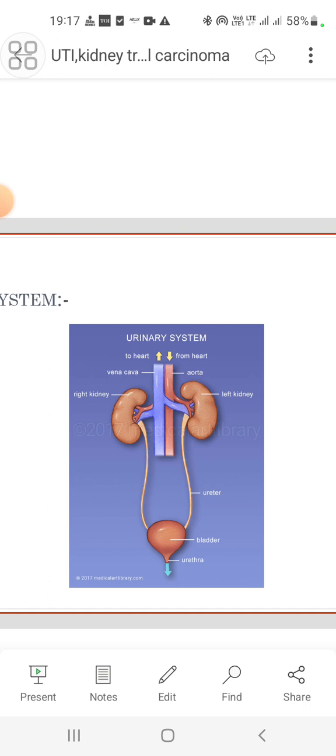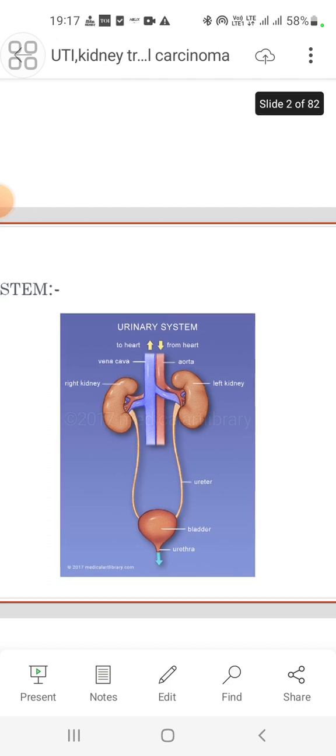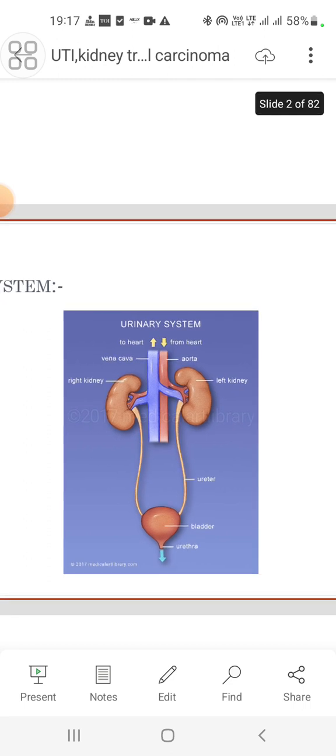So it is very important to have the renal system in proper working condition. In the renal system we have two kidneys, two ureters, the bladder and the urethra.